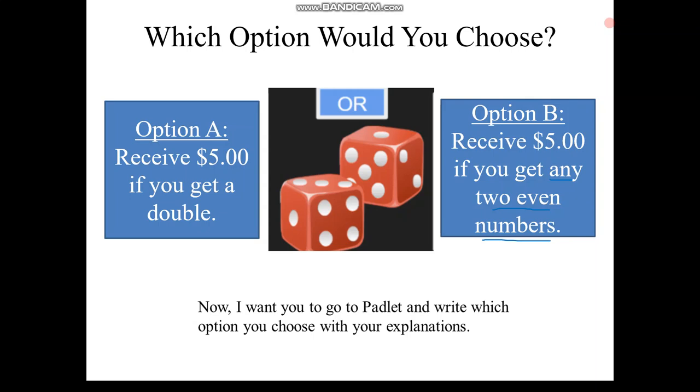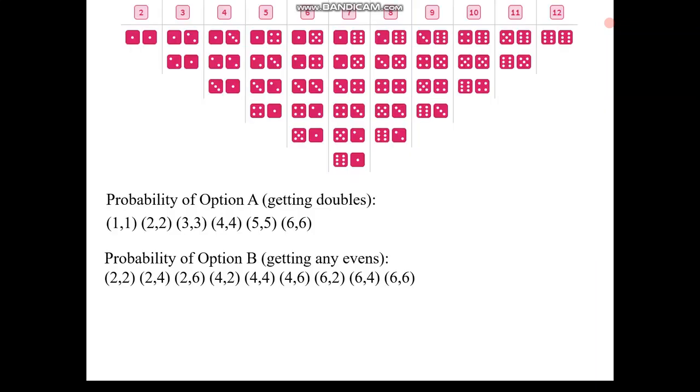Okay, let's discuss the question together. Here you see a table for all the possibilities of rolling 2 dice, and in the upper part their sum is written. So let's find option A, which is getting doubles.